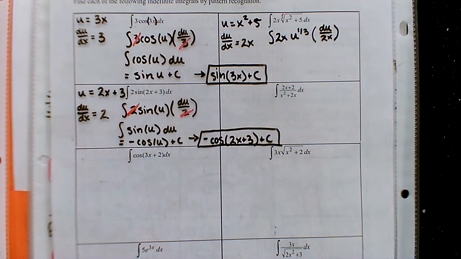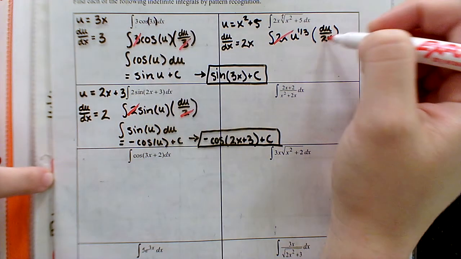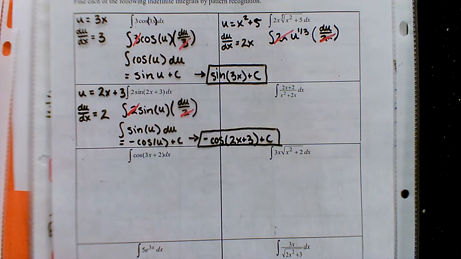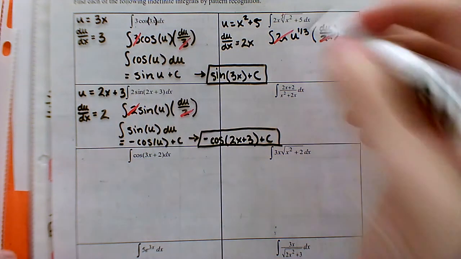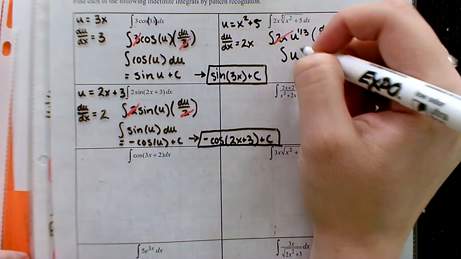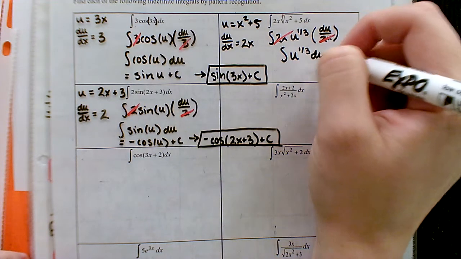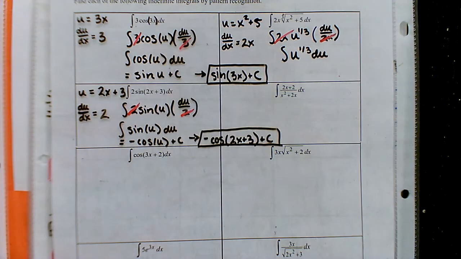Did the x's go away? Yes. Even not initially, do you notice how they'll cancel each other out? There we go. So instead of trying to work backwards from that complicated x integral we started with, we're going to work backwards from u to the 1/3, which is so much simpler.